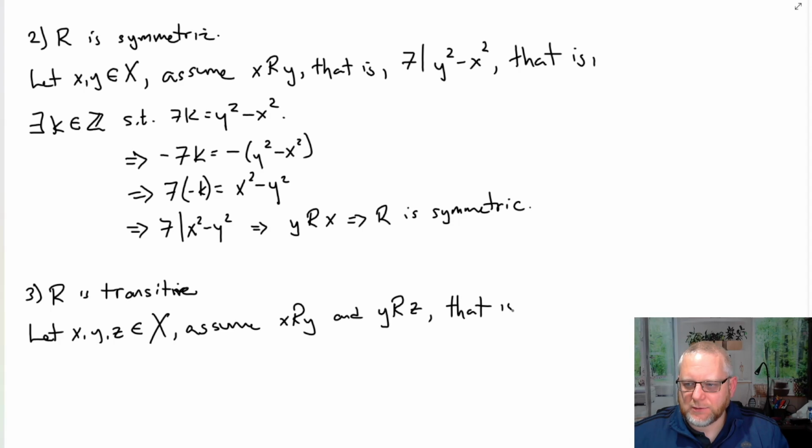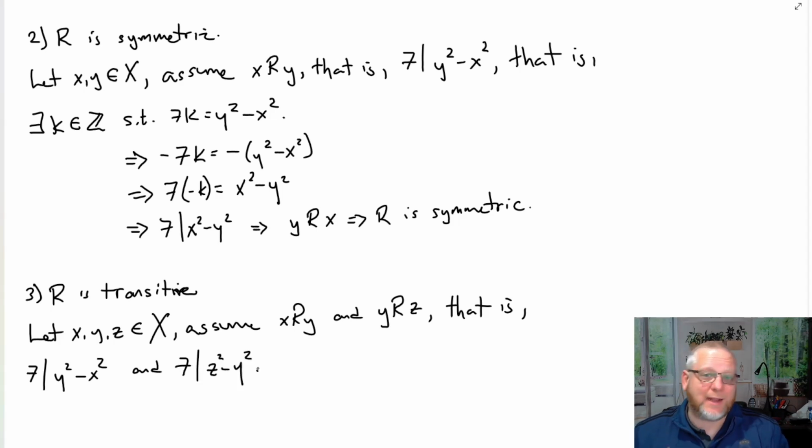Well, I can write that out a different way. Another way of saying that is 7 divides y squared minus x squared, and 7 divides z squared minus y squared. Now make sure you can see where that came from. That's an important skill to be able to do here.